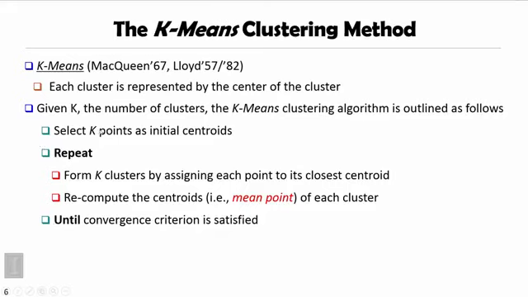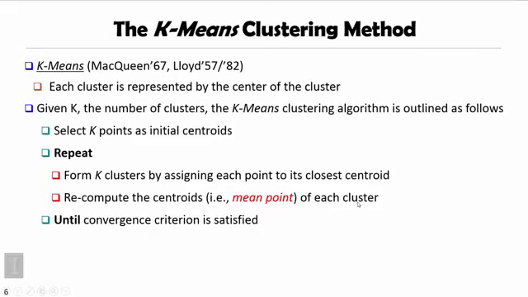Once we have selected the k centroids, we form k clusters by assigning each point to its closest centroid. Once we assign these, we need to recompute the centroids, because the initially selected centroids may not be very good. So we recompute the centroid, that means the mean point of each cluster.